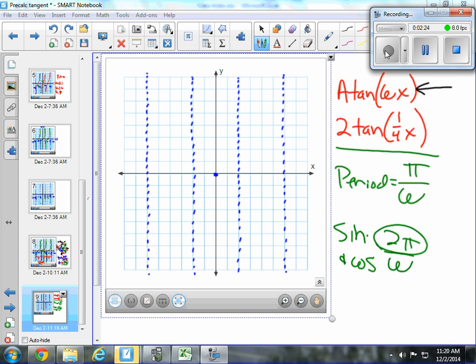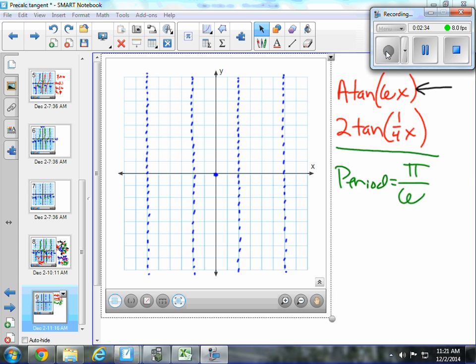But the period of tangent is only pi. So I am impacting my period by omega, and my period of the tangent function is pi. So this is equal to pi divided by 1/4, which is equal to 4 pi. So I've now determined that my period is 4 pi.